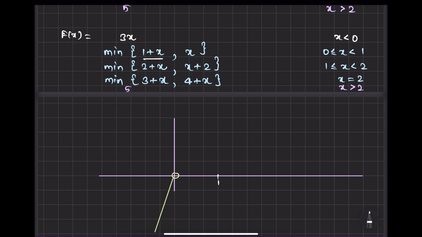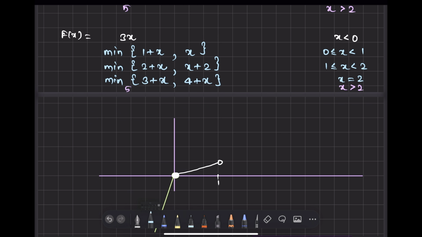If x is 0 it is 1. Suppose it is 1, and x is 1, so it will become 2. So suppose this is the thing. Okay, now try to draw the graph of this part. If x is 0, 0, if x is 1, 1. So at 0 it will be filled now and it is 1. You know that the second function is the minimum. So you have to ignore the first part. So from 0 to 1 this is the graph. Clear? And it is an open circle.